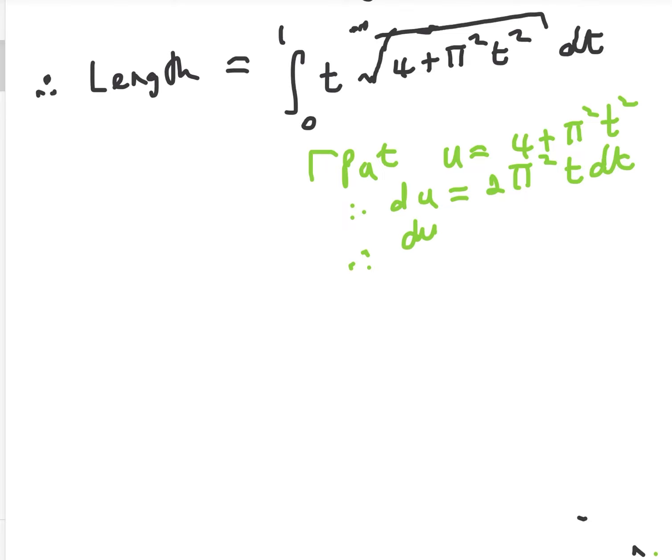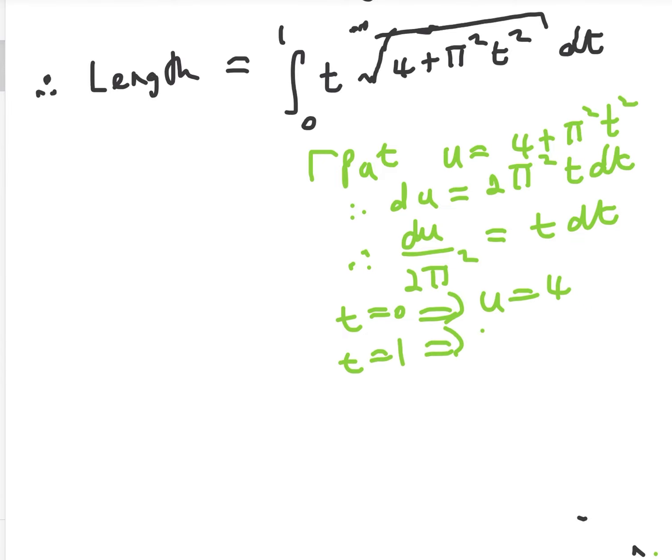So du over 2 pi squared is going to be t dt. Well, you're changing the variable, so you're changing the limits also. t equals 0 implies that u is equal to 4, and t equals 1 implies u equals 4 plus pi squared.